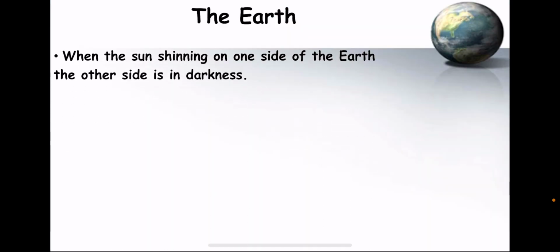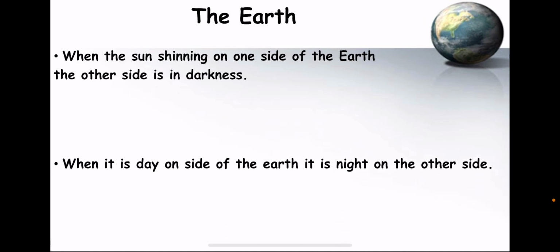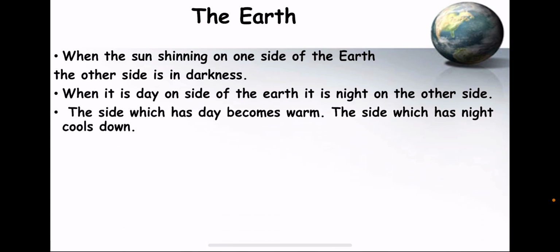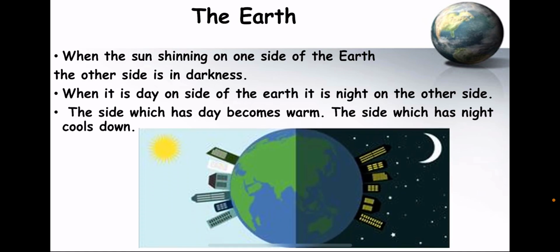When the sun is shining on one side of the earth and the other side is in darkness, when it is day on one side of the earth, it is night on the other side. The side which has day becomes warm because it is facing the sun, and the side which has night cools down because over there there is no sun, and the night is cooler than the daytime.